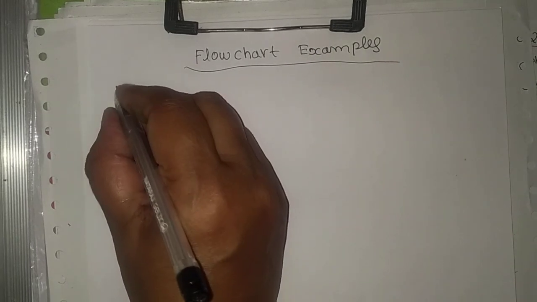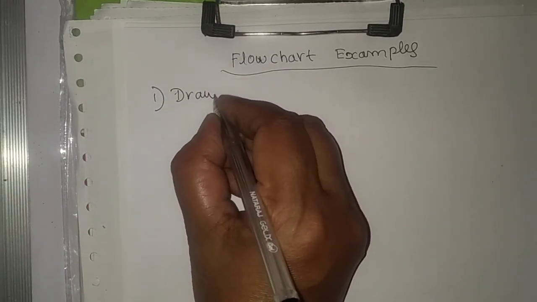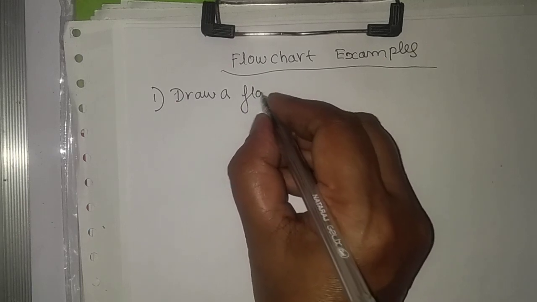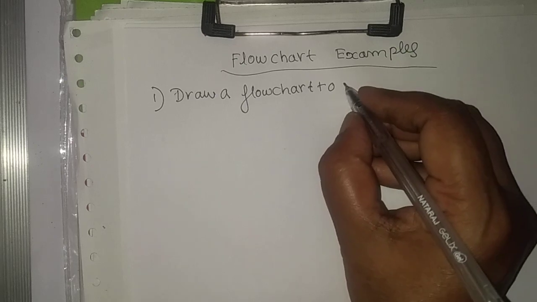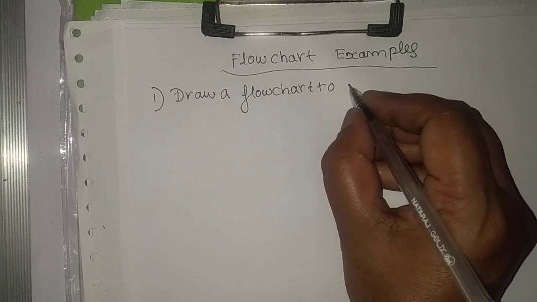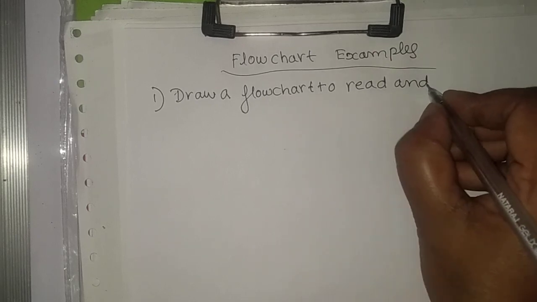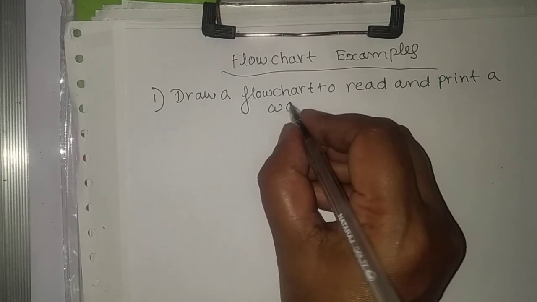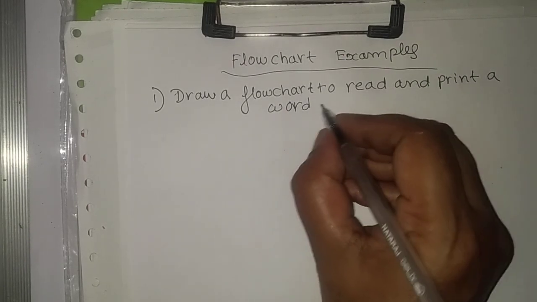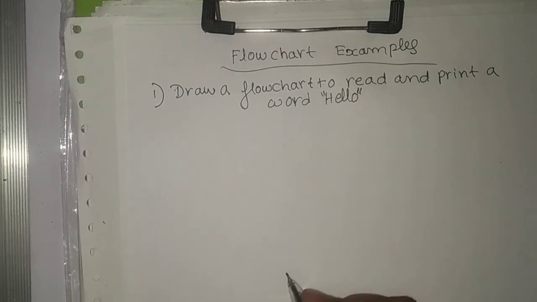For the first example, the question will be in this form: draw a flowchart to read and write a word. Read and print the word hello. So we have to read this word hello and print it.